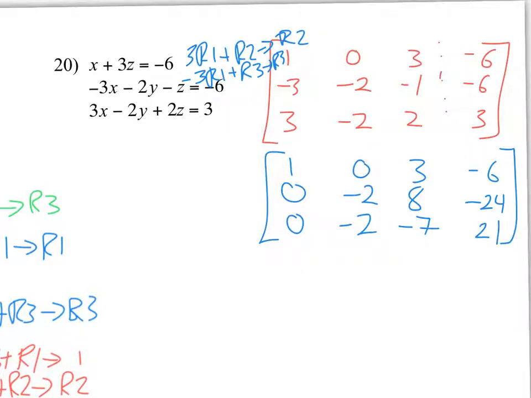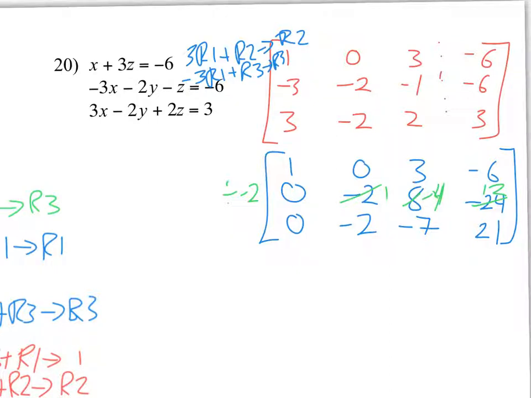All right, so now we've got the first column taken care of. I noticed that my second row, everything's divisible by 2. Let's do a quick divide by negative 2 to turn that into 1, negative 4, and positive 12, just so that we don't have to do that as a separate thing and rewrite everything.